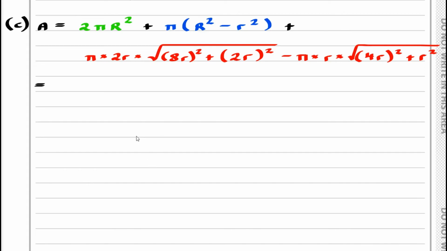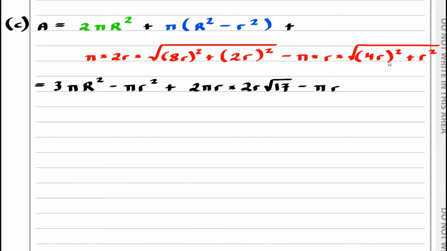So we end up with 3 pi R squared subtract pi r squared plus 2 pi r multiplied by 2r times the square root of 17, which is from here, and then we subtract pi r multiplied by r times root 17.